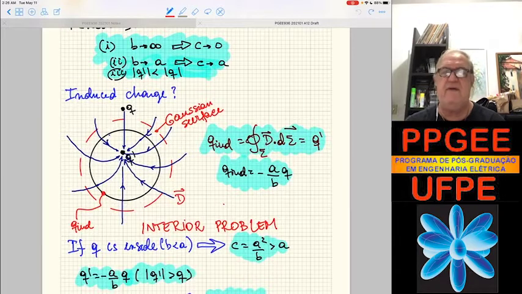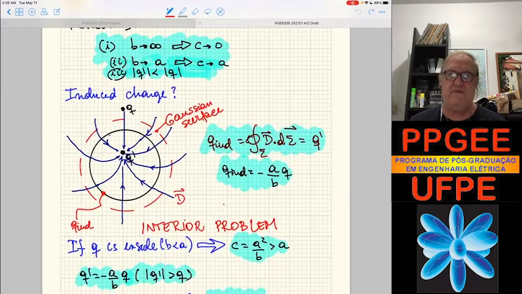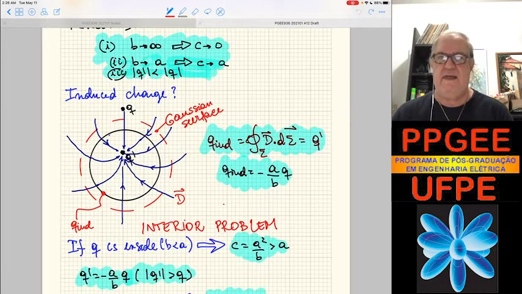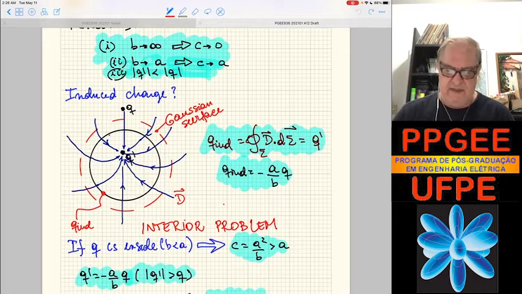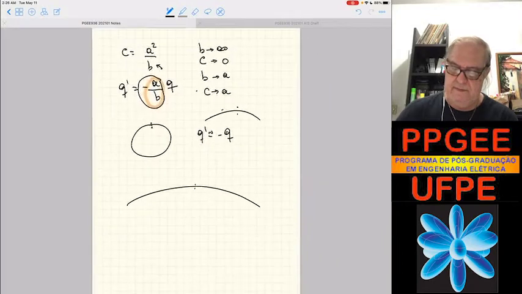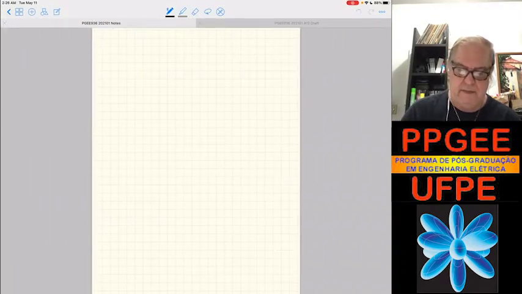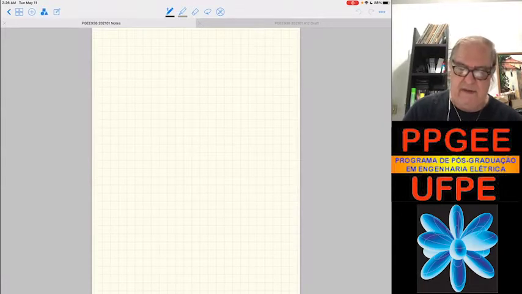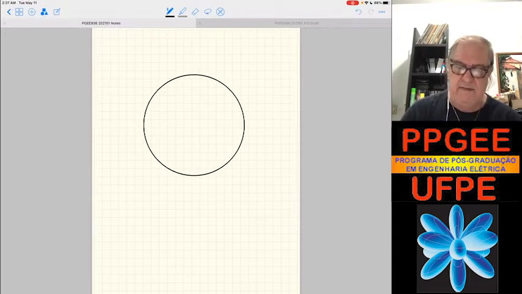We have the potential outside of the sphere, a potential that has a singularity on the point charge outside of the sphere. So how do we solve the interior problem? In other words, given the sphere, right?